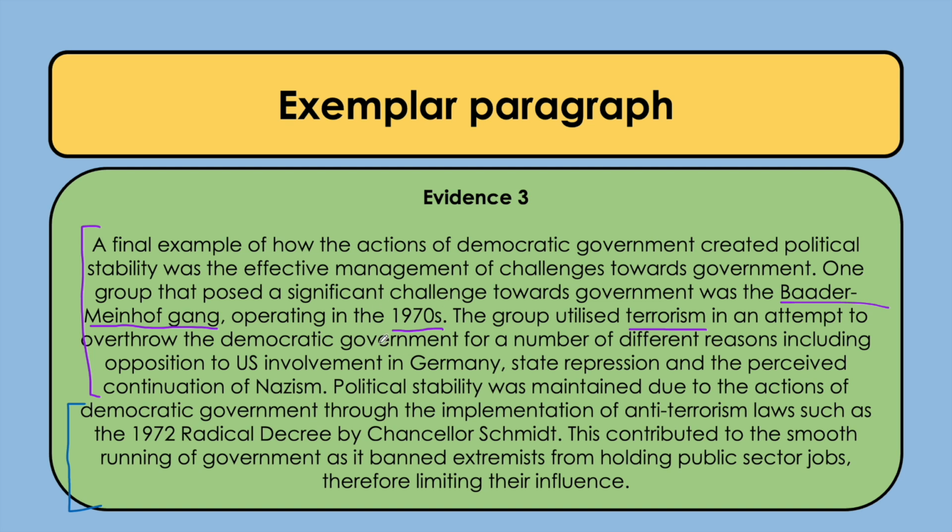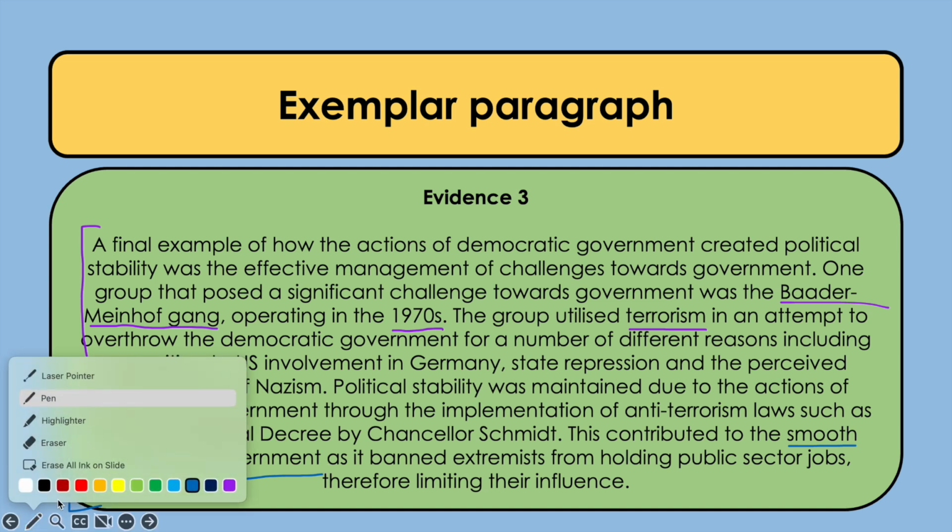So that is showcasing how effective government helped to cement political stability. And again, smooth running of government. I'm making reference back again to what I'd said in the introduction.